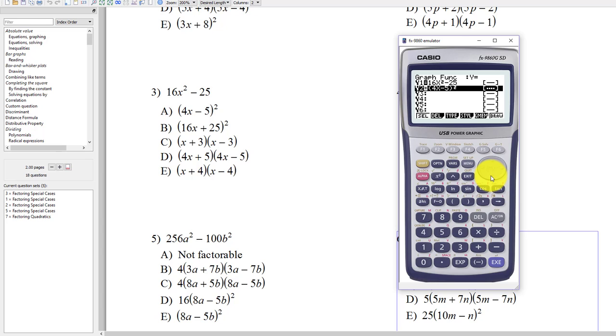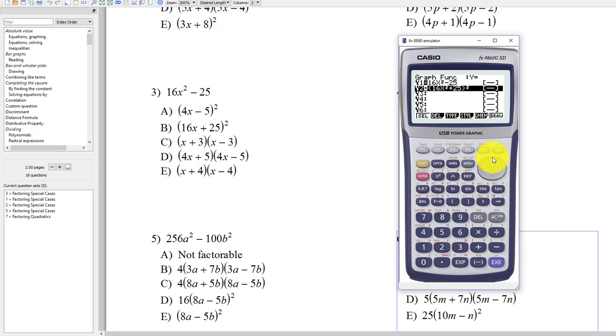Let's say 16x squared plus 25. And then try it again. Okay, so this one doesn't match the given question. So the correct answer here was, what's the correct answer? D, right?